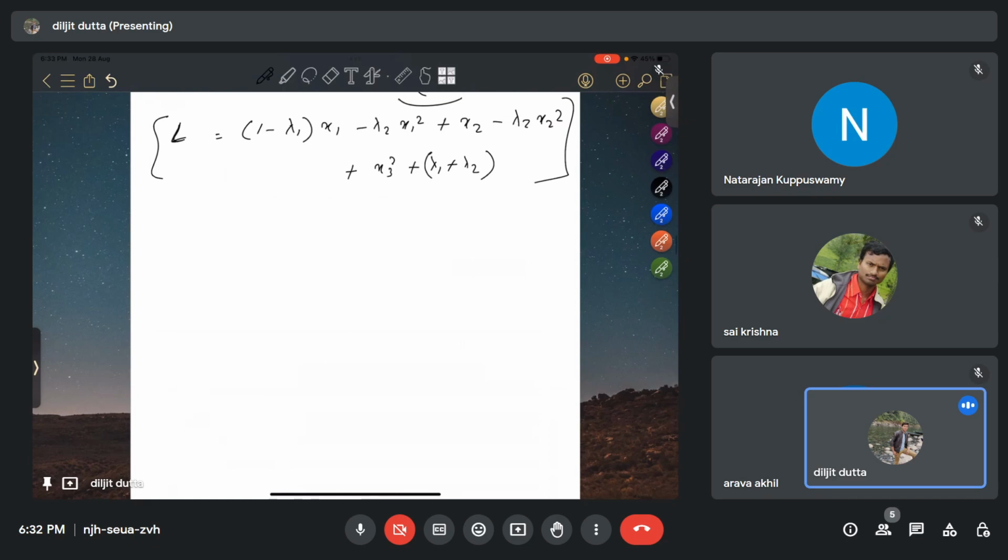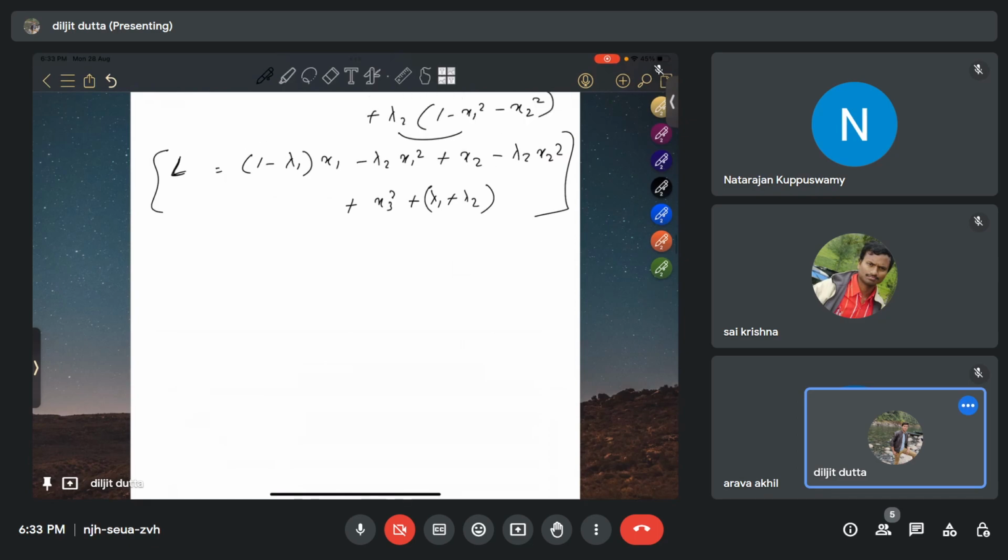It is not asked in the question to solve the Lagrangian, but we will solve it. So first, to get the necessary conditions, del L by del x1 is equal to 0. So it will be 1 minus lambda 1 minus 2x1 lambda 2 is equal to 0.